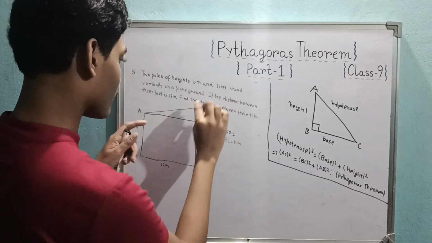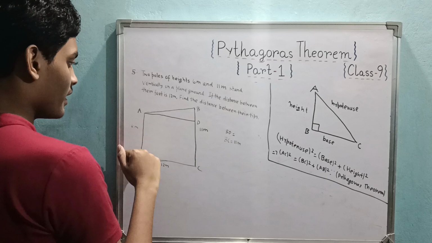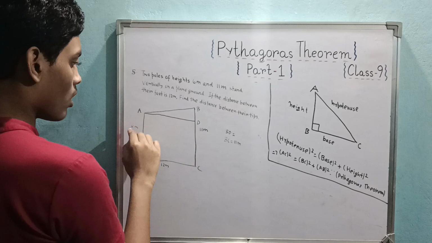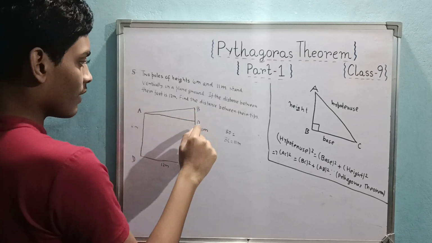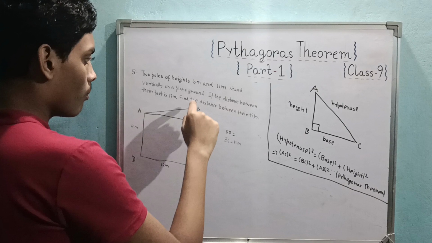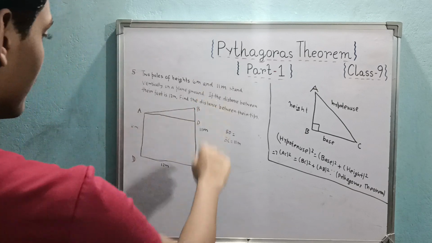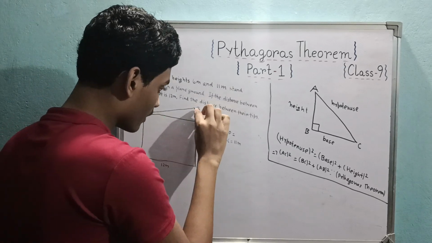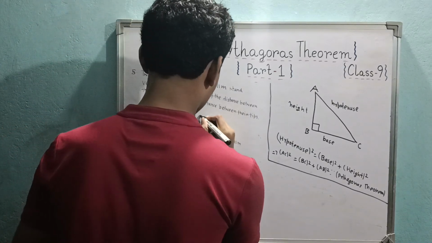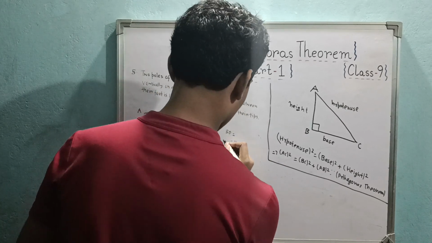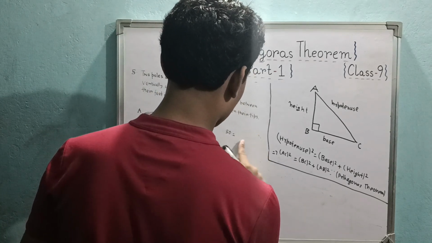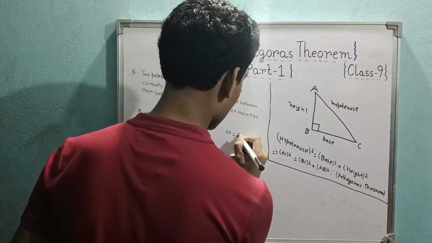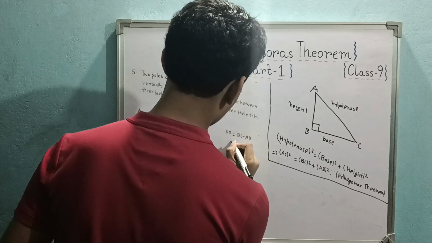So BD is the extra height of BC over AD. BD equals BC minus AD, so 11 minus 6, it is 5 meter.